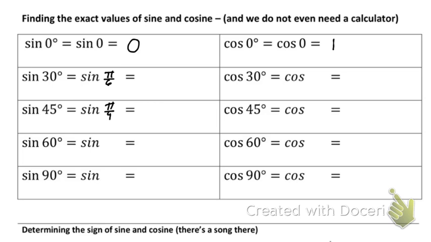Which means our sine of 60 is going to be pi over 3, because we only can have 6, 4, and 3. And the sine of 90 is going to be pi over 2. I'm going to go ahead and fill those in on the cosine, because we know degrees are going to stay the same. 30 degrees is still pi over 6. 45 is pi over 4. 60 is pi over 3. And cosine is pi over 2.